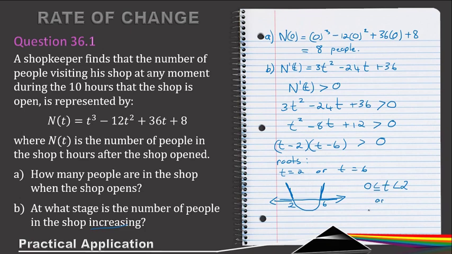It's also increasing from 6 less than t less than or equal to 10. In a normal inequality we wouldn't have had these restrictions from 0 to 2. We'd just say t is less than 2 or t is greater than 6. But in this case, because the shop is only open for 10 hours, from 0 to 10 is the only applicable time. So that's why with these questions you need to think about them practically as well and not just apply the maths to it.